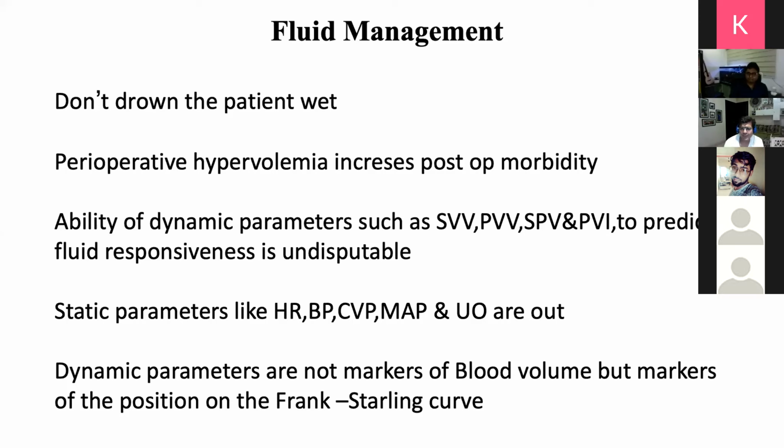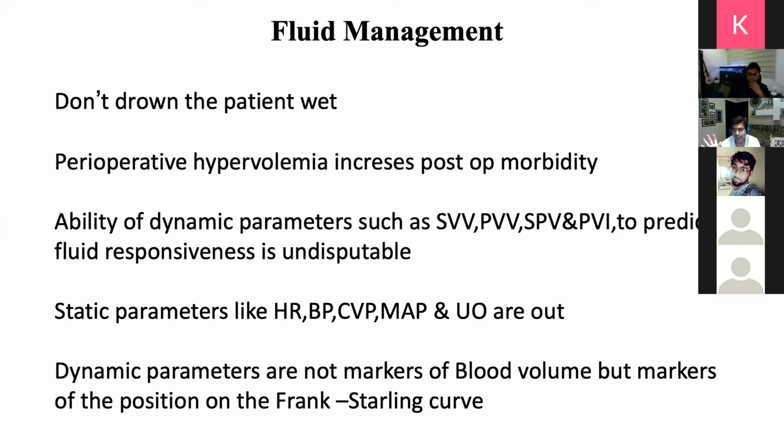See, nowadays all the static parameters, by way of heart rate, blood pressure, even CVP or mean arterial pressure, are out. Everything will be masked, and with a mere number you cannot calculate the volume loss.